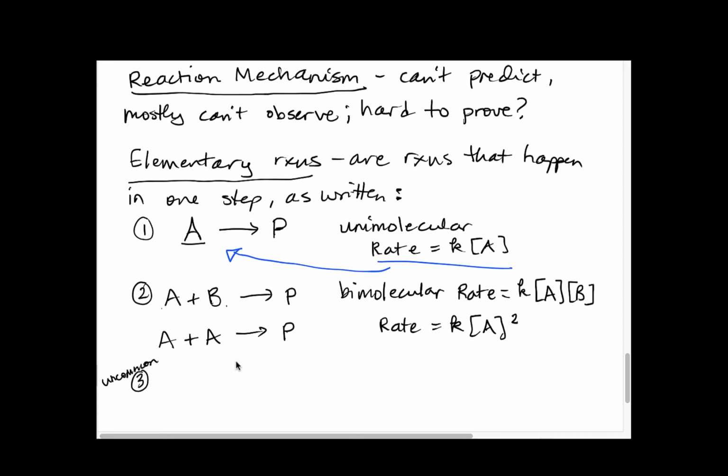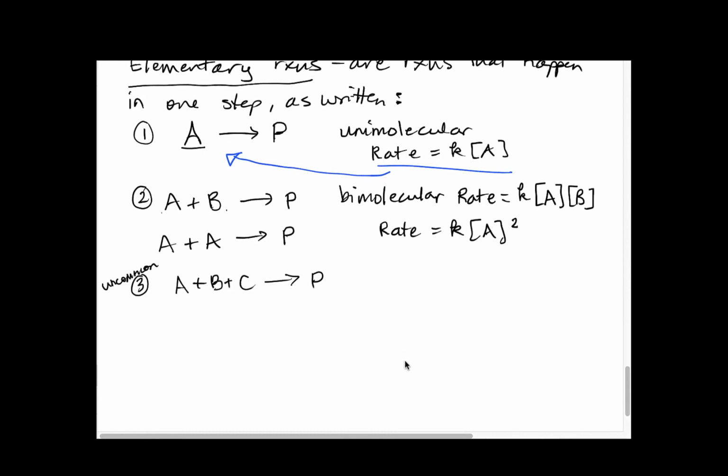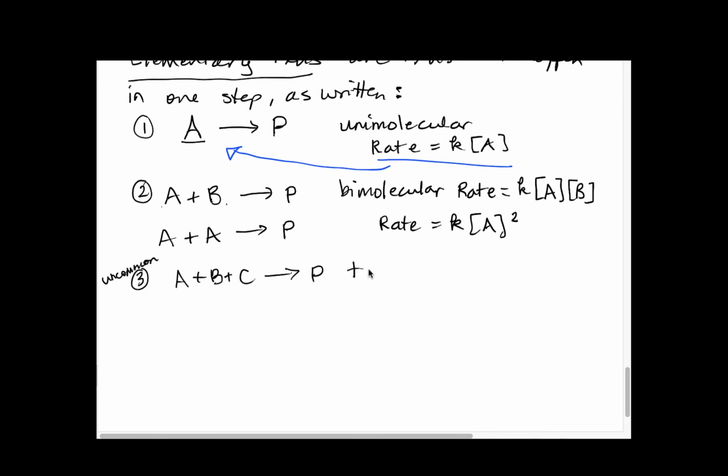So our third and fairly uncommon possible way of having reactants occur is where you have three particles. Maybe they are all different, maybe not. I'm not going to write down all three possibilities here. This is called a termolecular elementary reaction. I don't know why it's not tri, but anyway, it's not. And the rate here does the same thing.